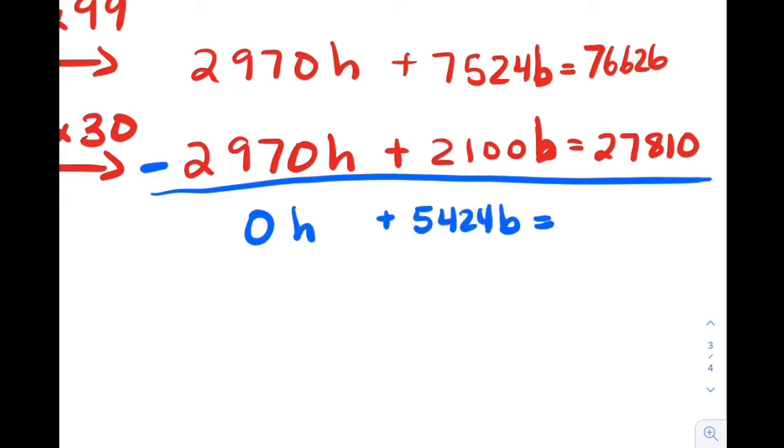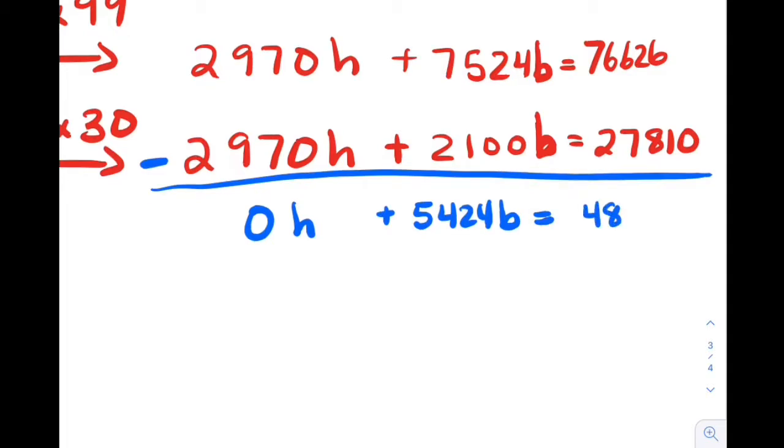We're going to do the same thing for the numbers that are on the right, 76,626, take away 27,810. And we're going to get 48,816.